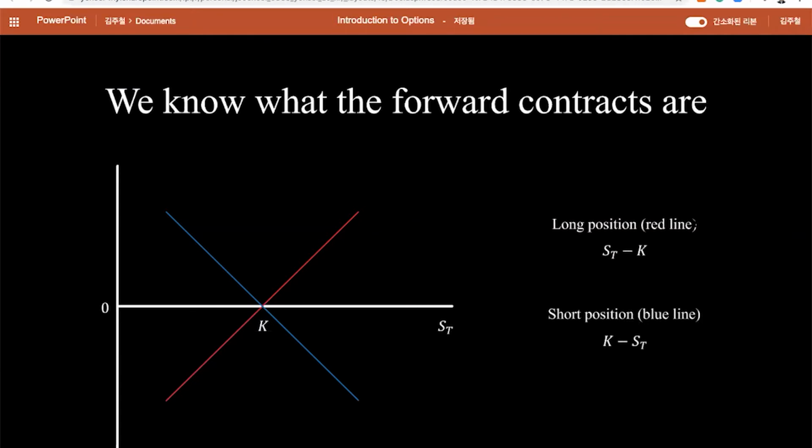So the long position is the red line, and the mathematical formula for the long position of a forward is S_T minus K. And again, S_T is the price of the underlying asset at maturity, and K is the forward price, which means the price we agreed on today. And for the short position, it's the blue line, and the payoff is K minus S_T. So I hope you understand everything on this graph, right?